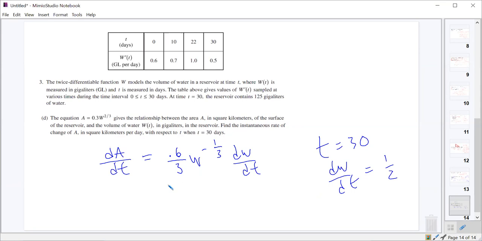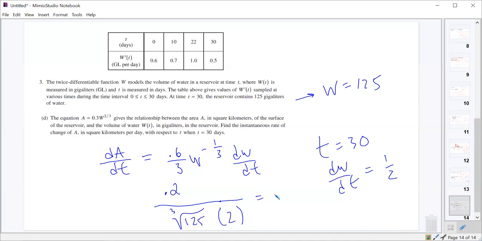At t equals 30, the reservoir has 125 gigaliters of water, so W is 125. So we should be looking at 0.6 divided by 3, which is 0.2. And then W to the negative 1/3 should be the cube root of 125 in the denominator, and then a 1/2 right here. So this is really just going to be 0.1 over 5.